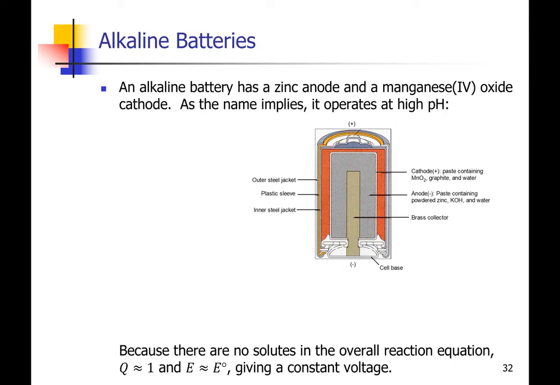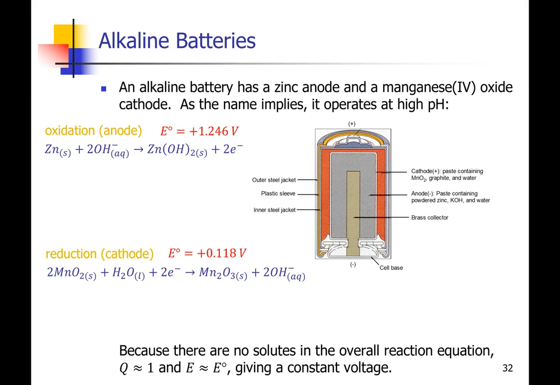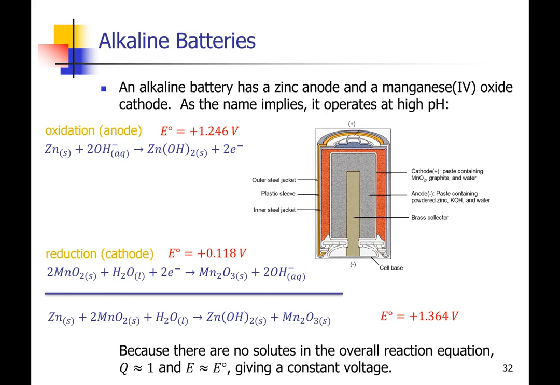So one really good example of a battery that maintains its potential very well is the alkaline battery. In an alkaline battery, we have a zinc anode. Zinc metal is oxidized to zinc hydroxide under basic conditions. And we have a manganese(IV) oxide cathode, and at the cathode, the manganese is reduced, again under basic conditions.